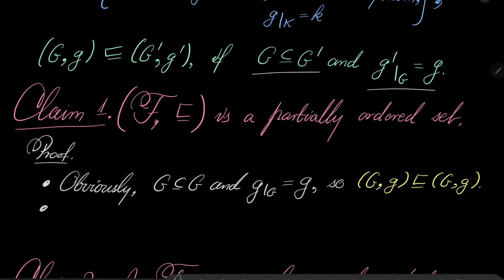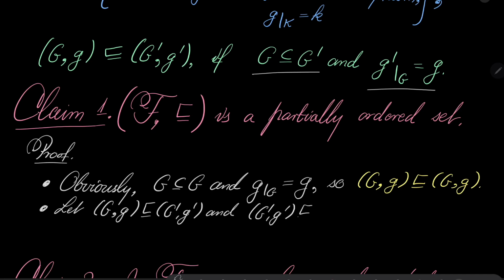Second thing, so let's suppose that we have G is in relation with G prime, and G prime is in relation with G double prime. What then?